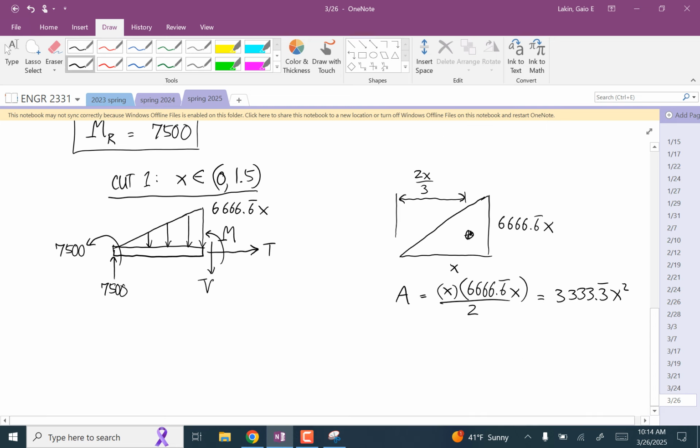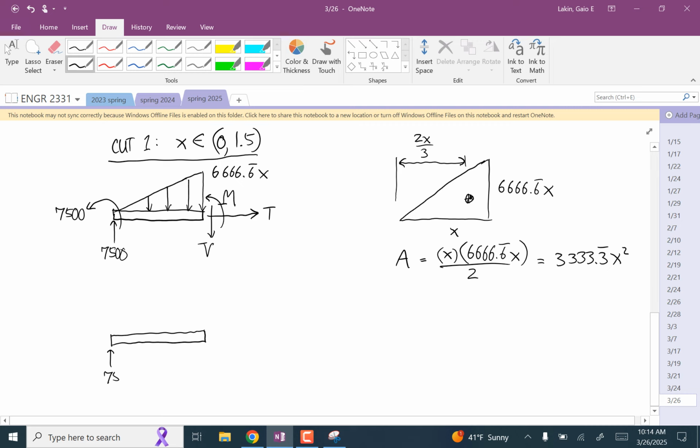So I'll redraw that free body diagram. That downward force is 3333.3 repeating x squared.